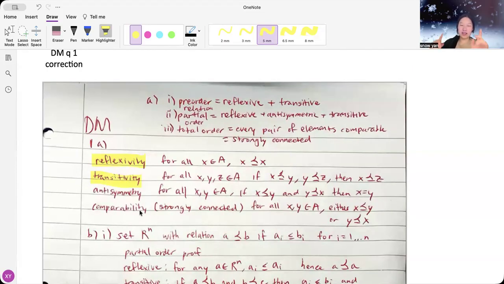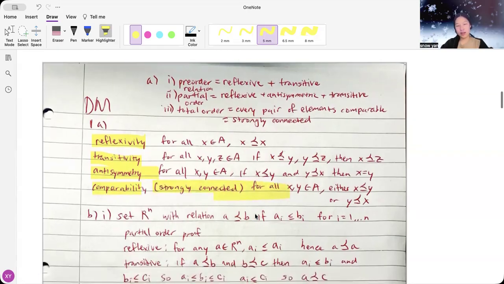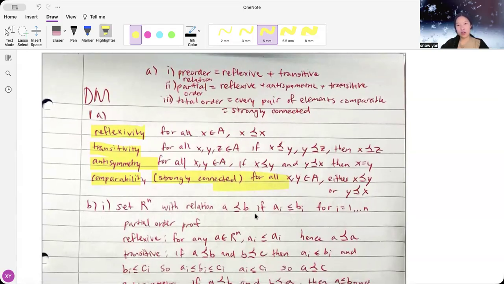So if x precedes y, then y precedes x. And then the last one is comparability, which is also called strongly connected, which basically means that for all x, y, either x precedes y or y precedes x, one of the two. So we can definitely compare.